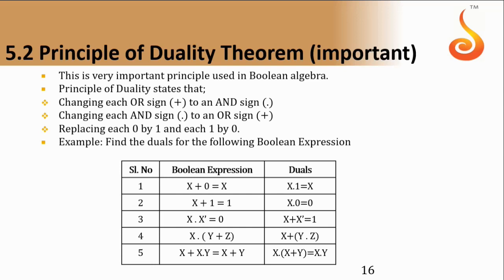Please note down these four steps. Then we will do how exactly we got this, and I will do some more apart from this. Please first make a note, that is changing OR to AND, AND to OR, 0 by 1 and 1 by 0.